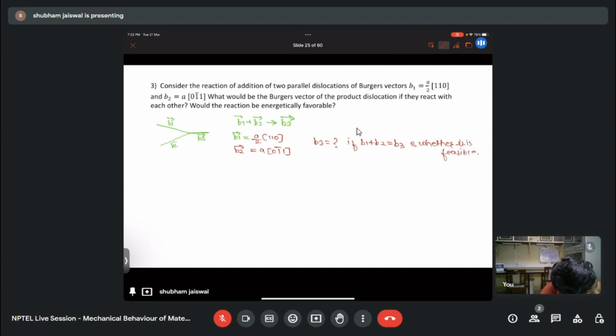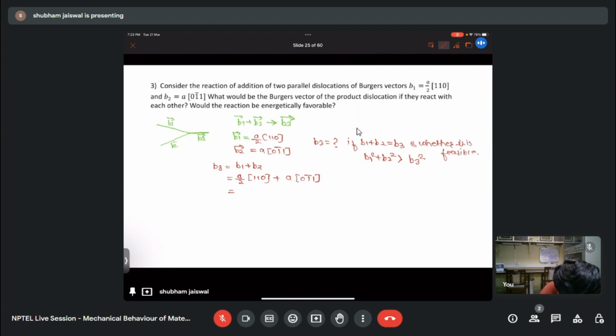For the feasibility condition, we need to check that B1 square plus B2 square should be greater than B3 square. So first find B3, then find the square of all the Burgers vectors, and then find out whether LHS is greater than RHS or not. B3 is equal to B1 plus B2, so a by 2 [110] plus a [0 1bar 1].